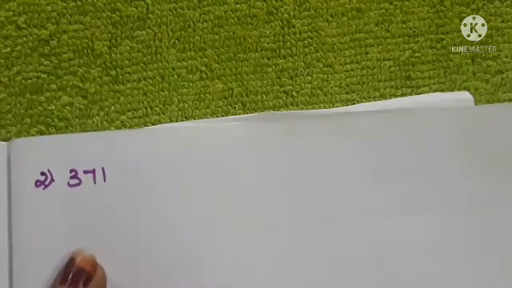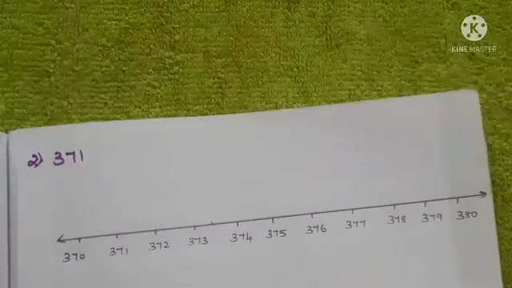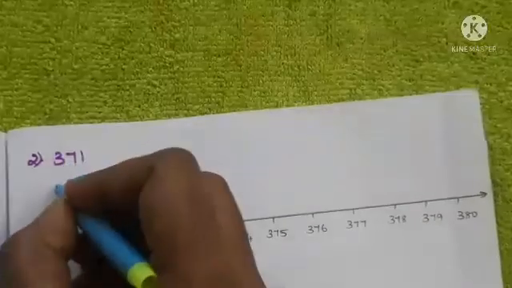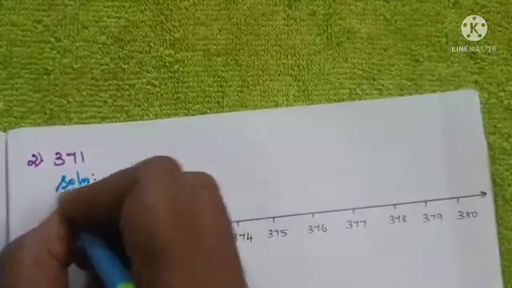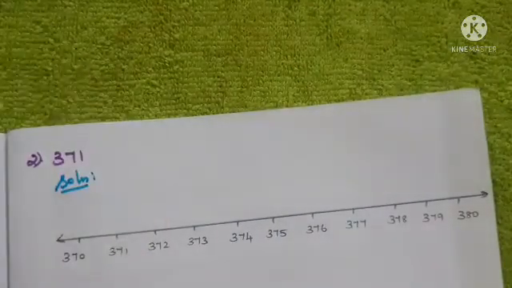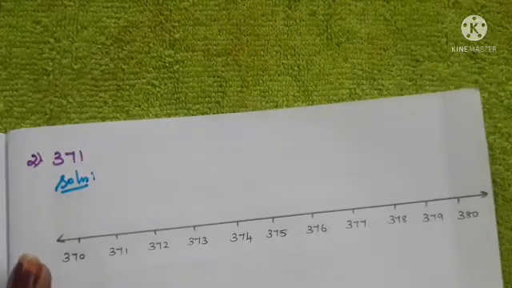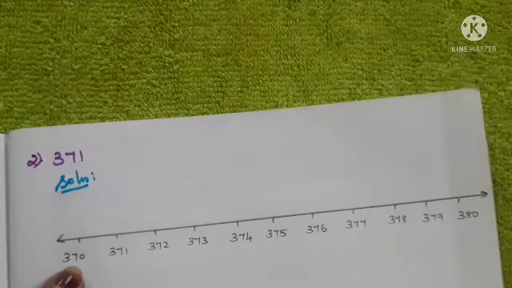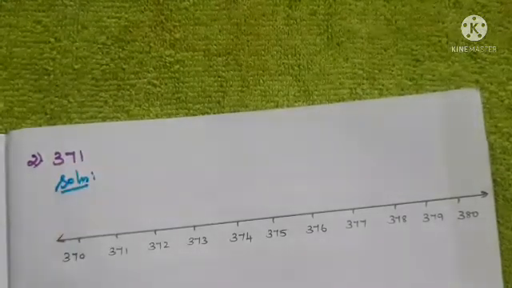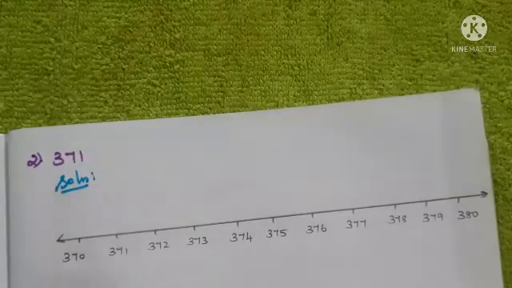So we have drawn the number line. At first we have to write the solution, I forgot to write it, and then the number line. What number do we have to start from? Yes, we have to start from 370 because the given value 371 lies between 370 and 380.